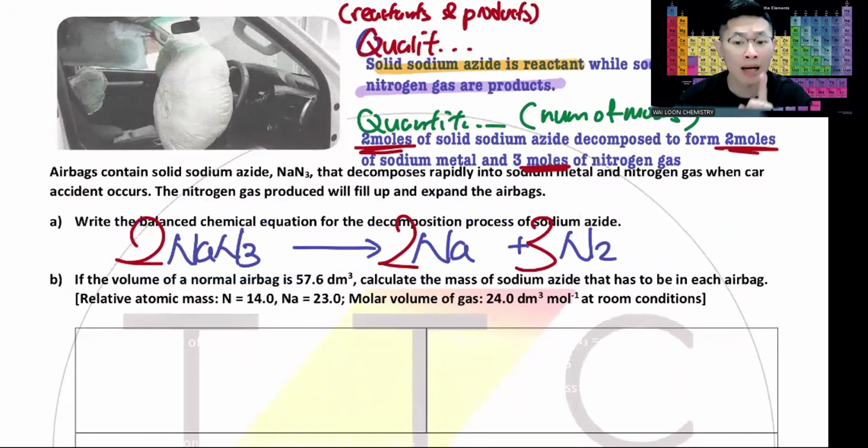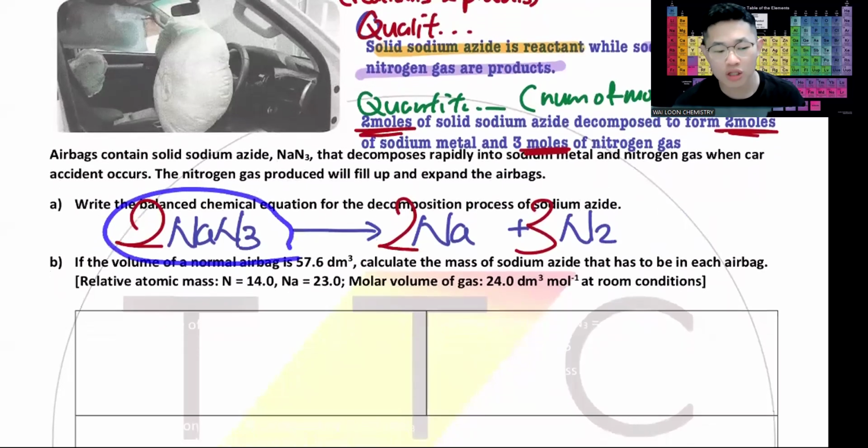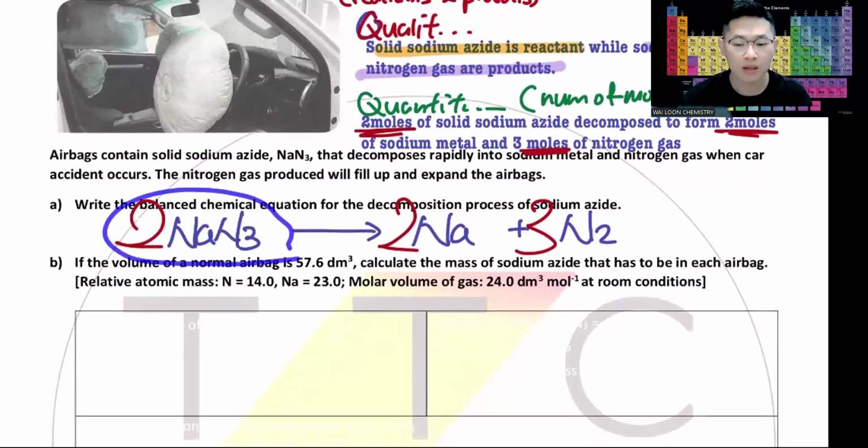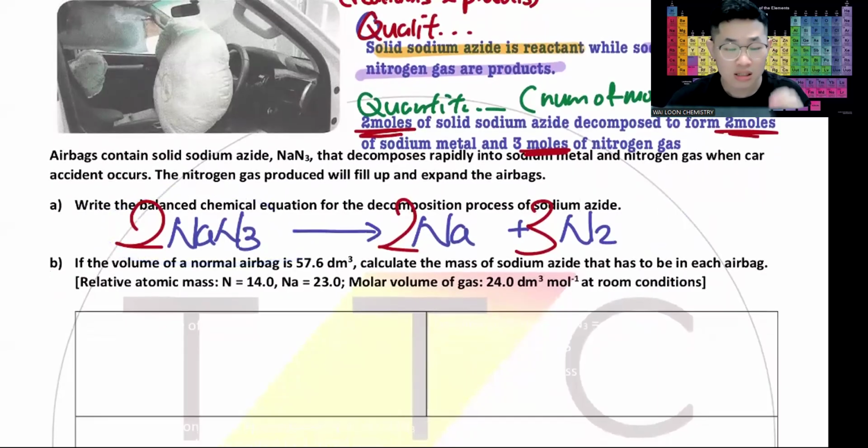But if you give the wrong state, you say 2 moles of liquid sodium, straight away 0 marks. Because in chemistry, we have something called wrong answer right. Wrong answer right means wrong answer, automatically minus 1 mark.